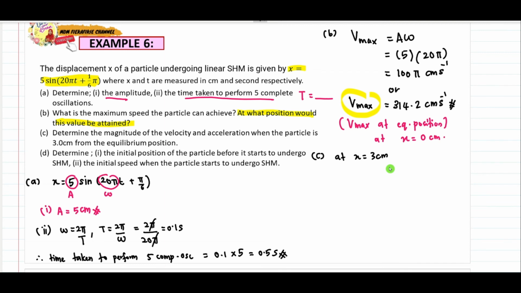Remember, in my short notes animation video I mentioned that we have two equations of V, which are in terms of X and in terms of T. Same goes to acceleration. We have two equations of acceleration, which are in terms of T and in terms of X. So, to answer question C, we must write the equation of V in terms of X.